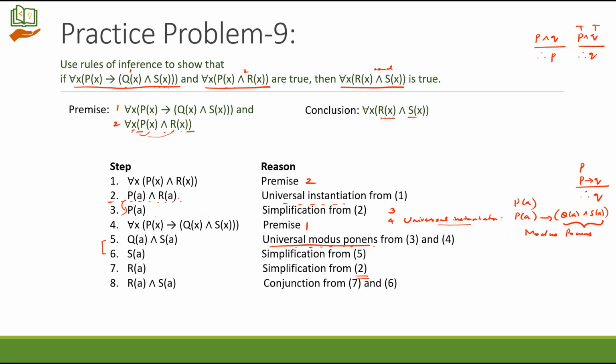We have to use the conjunction rule on the 7th step and 6th step to get the same order. So we are going with r of a and s of a. Applying universal generalization from step 8, we have for all x, r of x and s of x. Is this the conclusion? Yes, it is right.